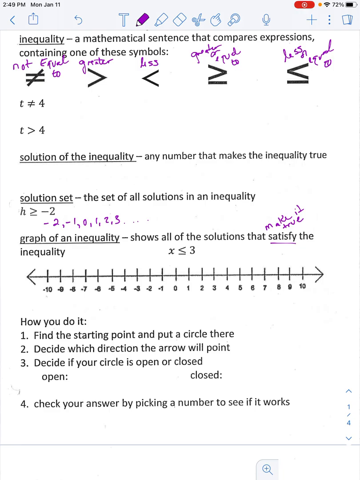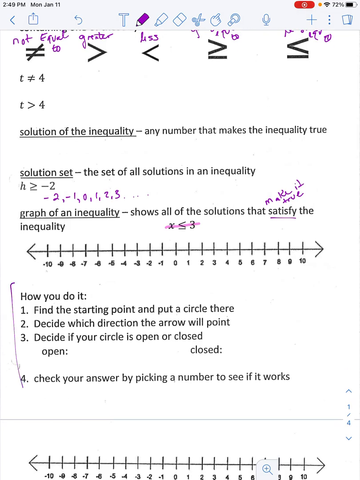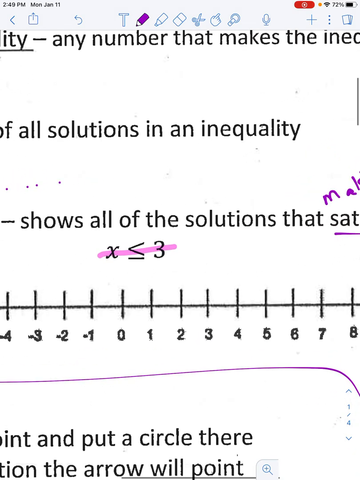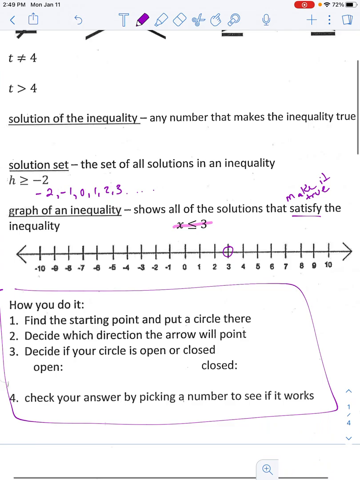Okay, so if we wanted to graph x is less than or equal to 3, here are the rules. Okay, we're going to come down here and then go back up to the number line. So you're going to find the starting point and put a circle there. So we're going to plot x is less than or equal to 3. So find +3 on the number line, circle it.